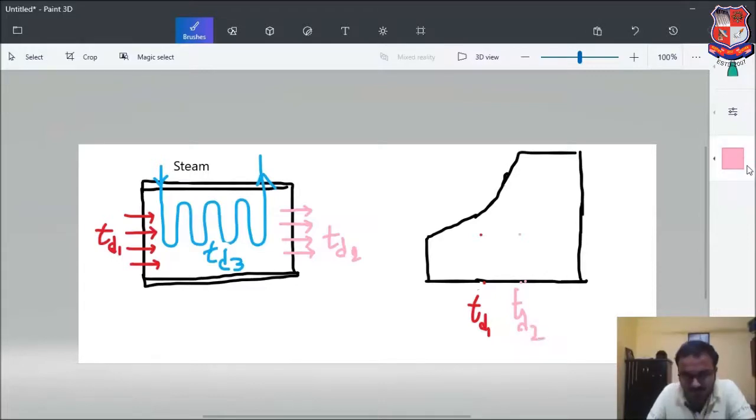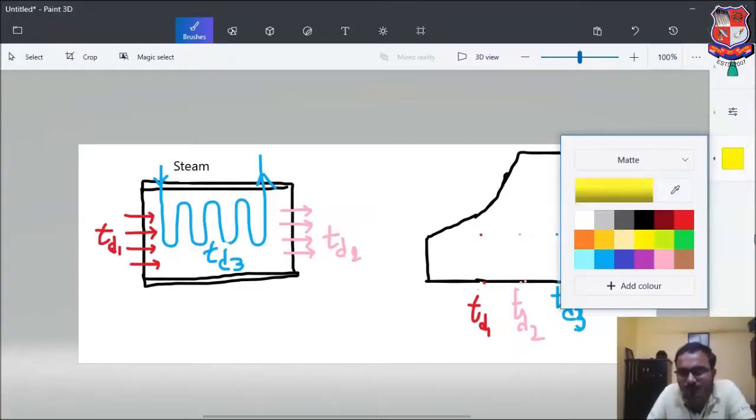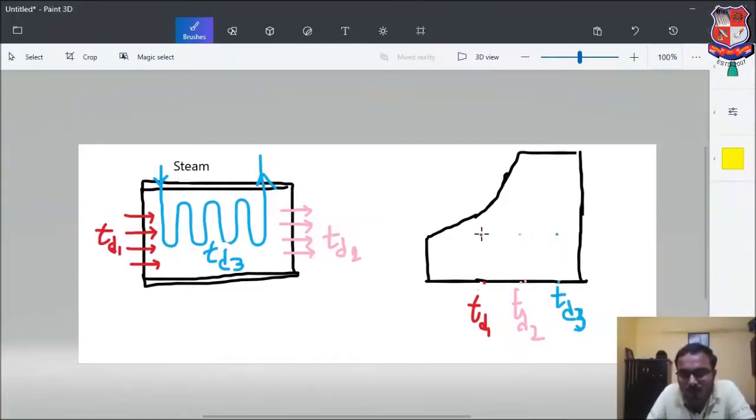And here this will be our steam point, which is at TD3. So sensible heating will increase its temperature.